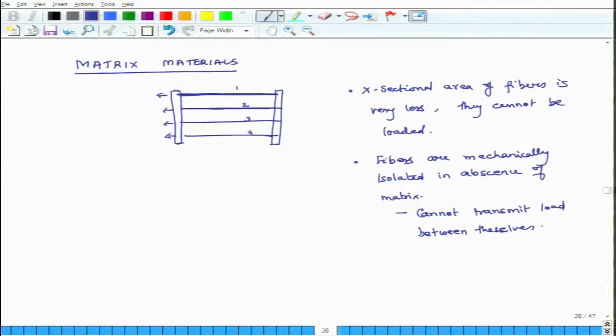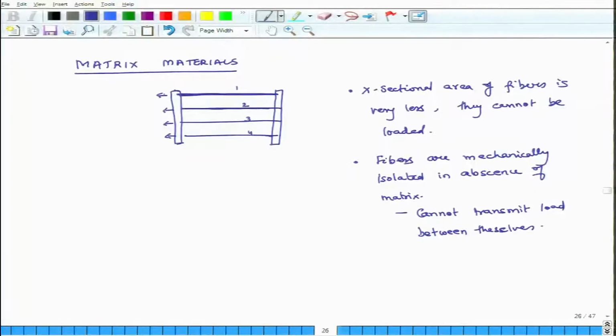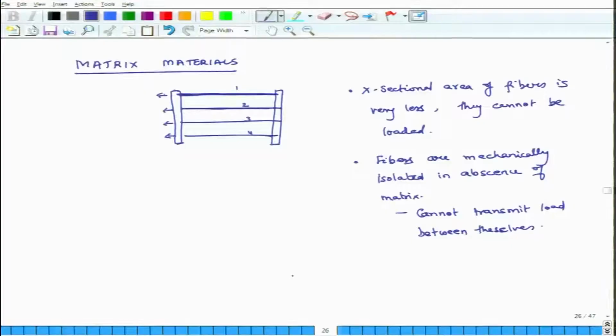Because one is thickest, it will tend to extend the least amount, and 4 is thinnest, it will tend to extend by the maximum amount. But because the ends are constrained, they have to extend by the same amount. So, what you really have to figure out is how do you transfer extra load from here to this one, so that the entire thing has uniform displacement, right.